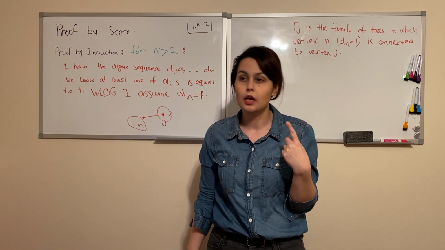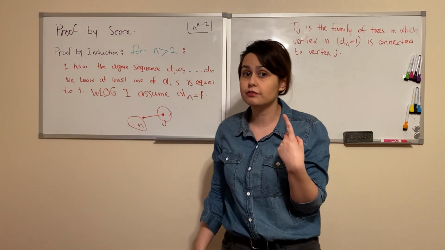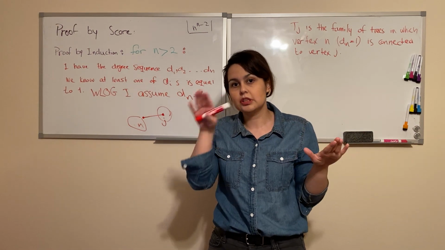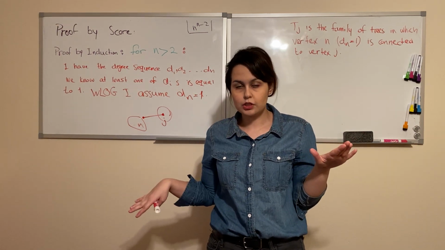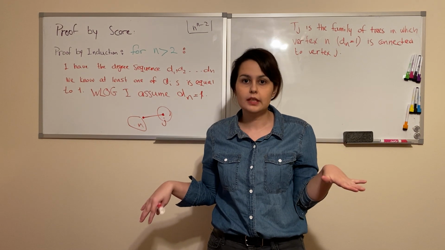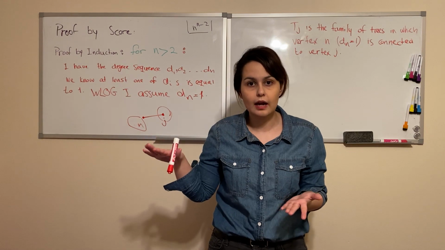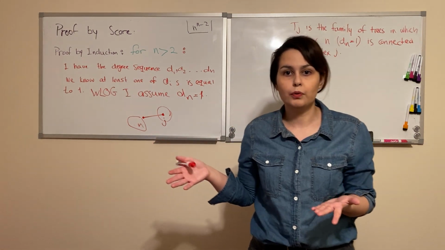And now let's see what happens if I disconnect that dn with its attached edge, because it has only one edge, right? If I do that, then I have a tree on n minus 1 nodes, and I can say it is a spanning tree for a complete graph of size n minus 1.